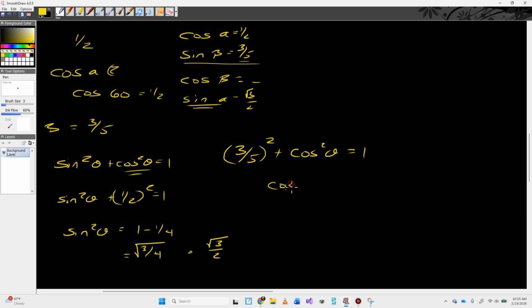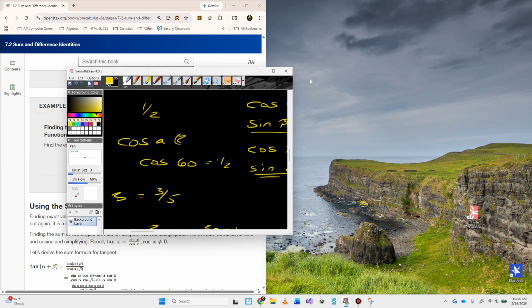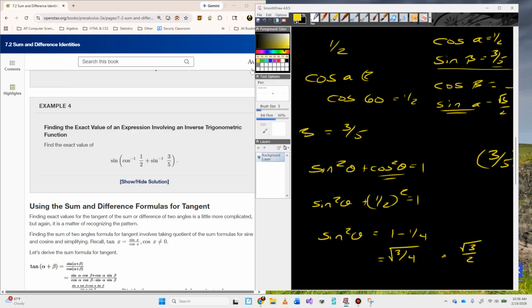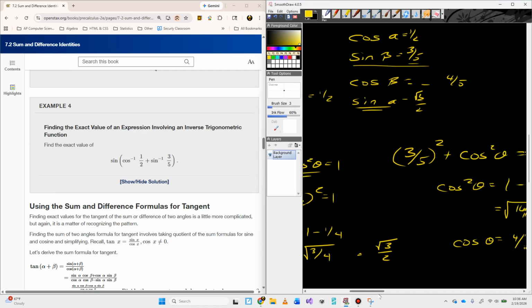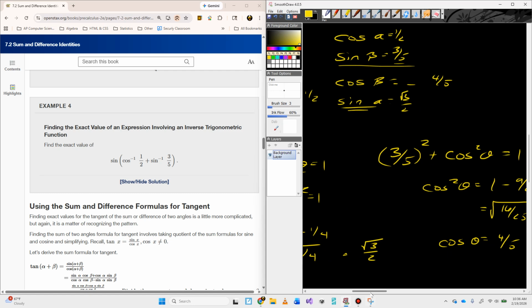That's going to be cosine squared beta is equal to 1 minus 9/25. That's 16/25. If I take the square root of both sides, that's going to be 4/5 for cosine. So this value here is 4/5. And now I have everything that I need to solve my problem. I have all of these values right here, and that's going to be enough for me to solve.